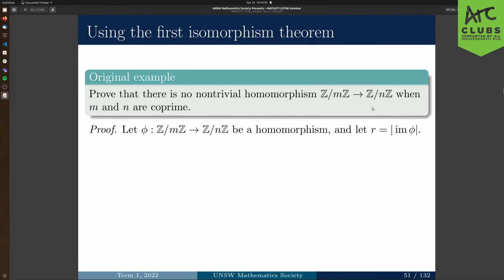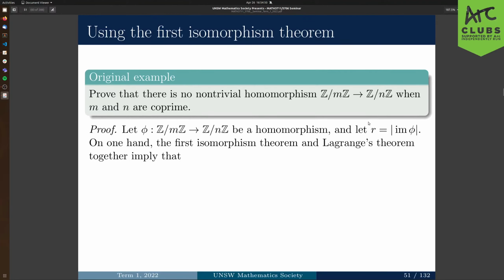Suppose I start with any homomorphism and say that it's got R elements in its image. Then the first isomorphism theorem plus Lagrange's theorem used afterward, used together, give me this implication. My G in this case is just Z over MZ, my kernel is ker phi, and the image is im phi, but now I'm using Lagrange's theorem to look at the size of these two things.